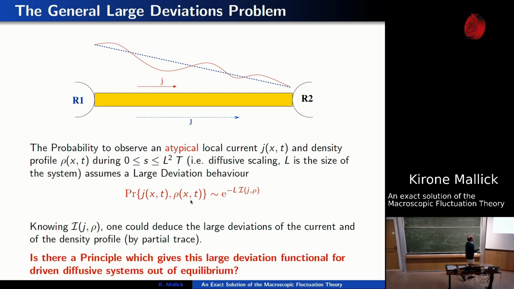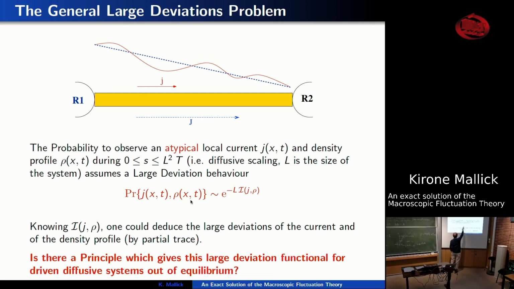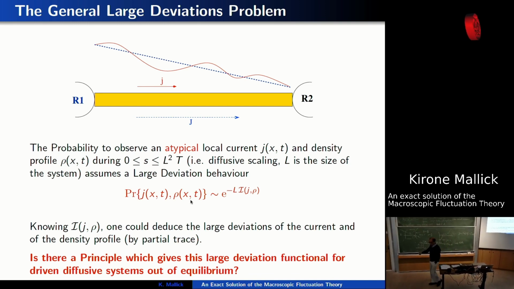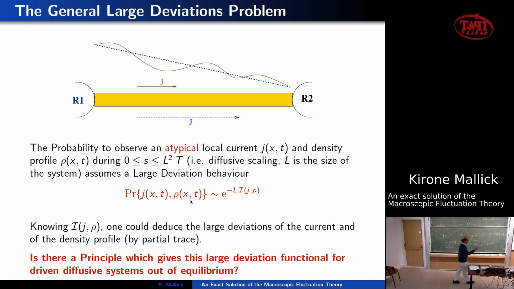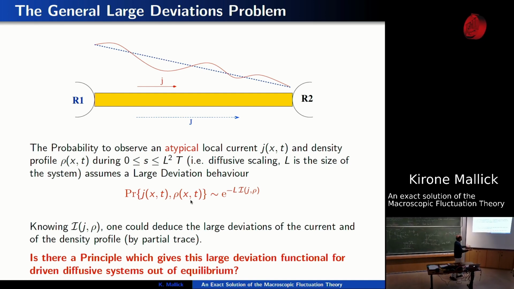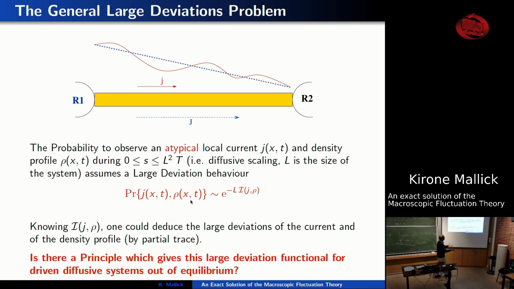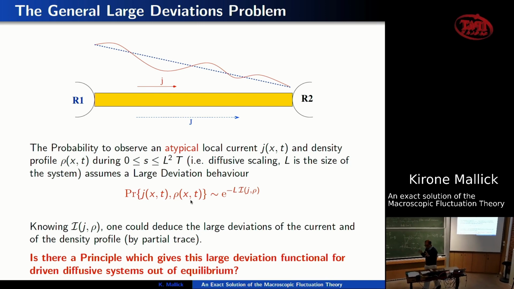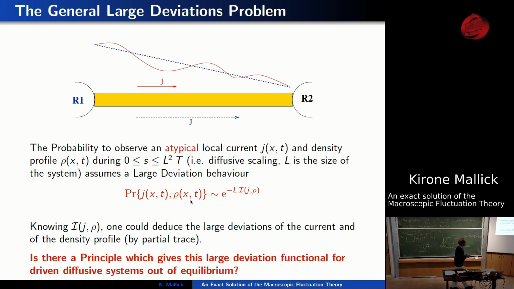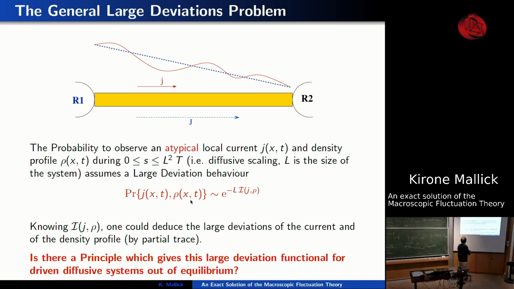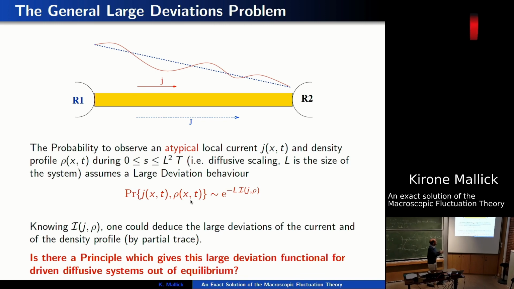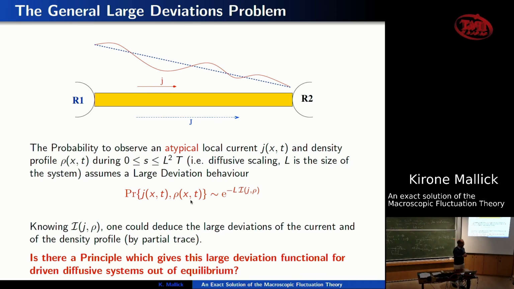And what we really would like to have is a path probability description of observing locally at a given time some current J of x,t and some density rho of x,t connected by conservation. d/dt of rho is minus divergence of J, because we don't create or destroy particles in the bulk. And this probability distribution, in some nice models, so here come some hidden hypotheses, they assume a so-called large deviation form: you can write this probability distribution as the exponential of minus the size of the system times the functional I of J and rho.